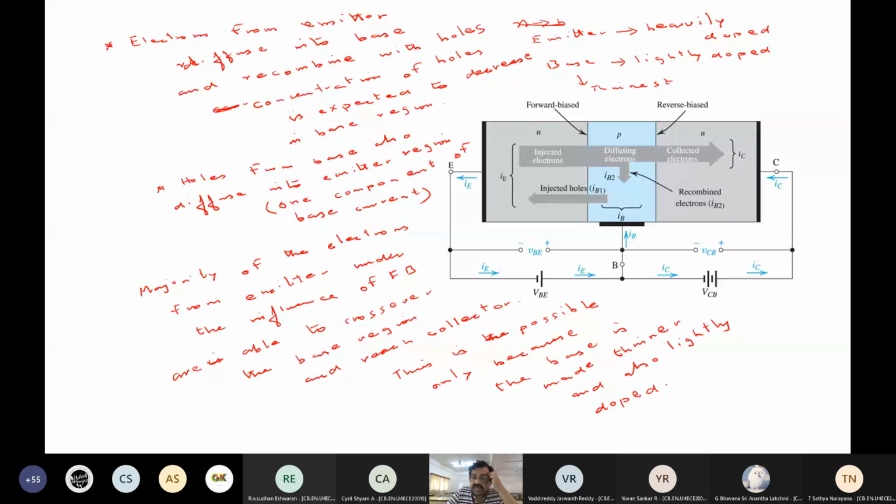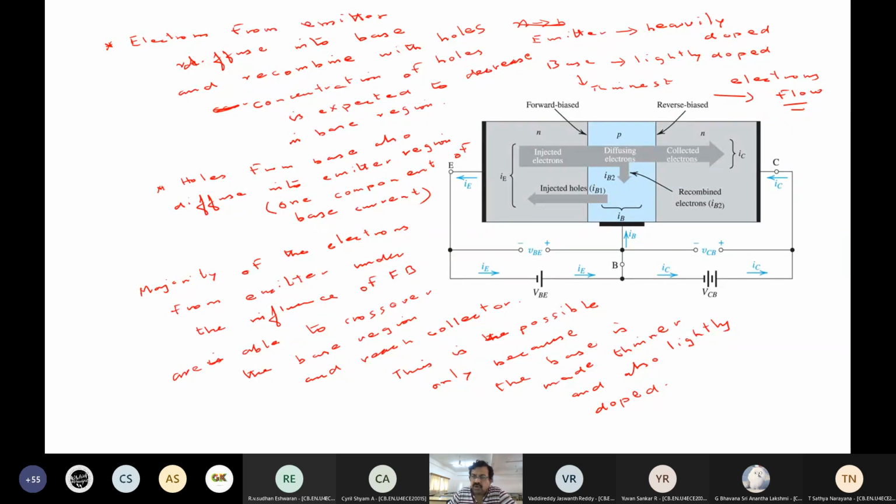Now let us look at what will be the collector current. Obviously, the collector current will depend on how many electrons from the emitter are able to get collected at the collector. So the electrons from the emitter go in this direction, escape the recombination and reach the collector. The electron flow is in this direction, so obviously the collector current will be opposite to that of the electron flow.